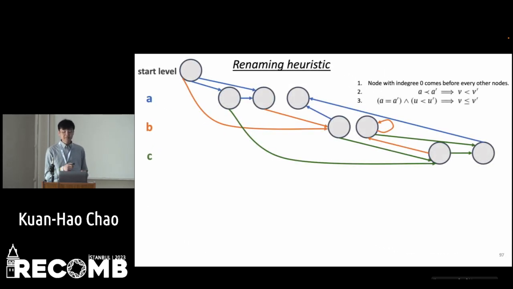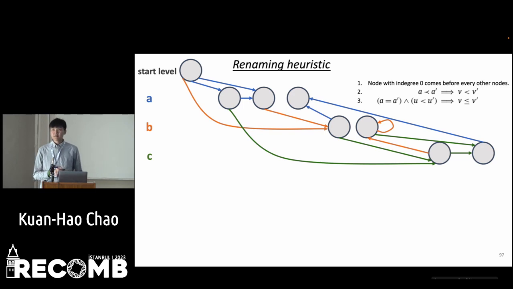So here I just simply move the nodes in the graph and put them in 4 different levels. The first level, the start level, has no edges going in, and the A level has edges labeled as A going in, and B and C and so on. So by the second weird graph rule, we can simply group nodes together, right?